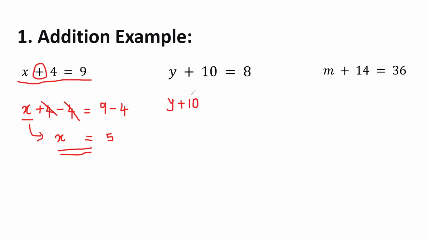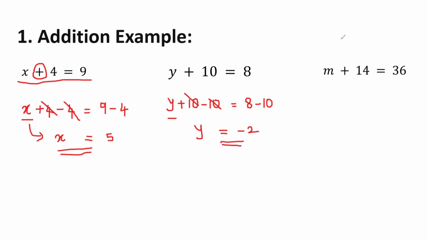Now you have to do the inverse operation, which is minus 10. Do it on the other side as well: 8 minus 10. Now these two are getting cancelled, so y will be isolated. So y is equal to 8 minus 10, which is minus 2.